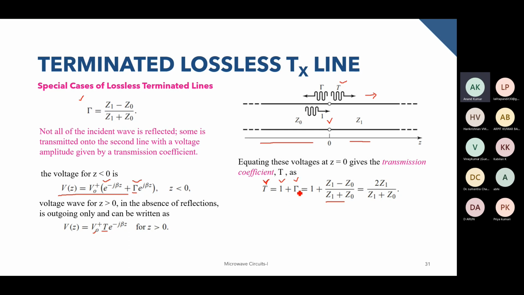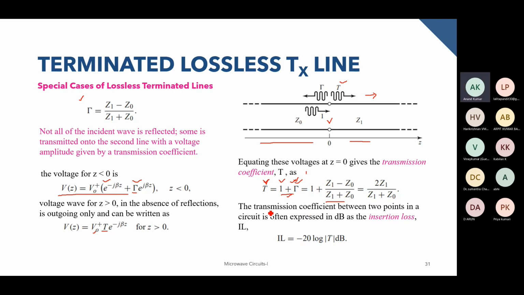So yeah, this might look contradictory, but this reflection coefficient itself is carrying the positive or negative sign within it. So need not worry that there should be a minus sign over here.